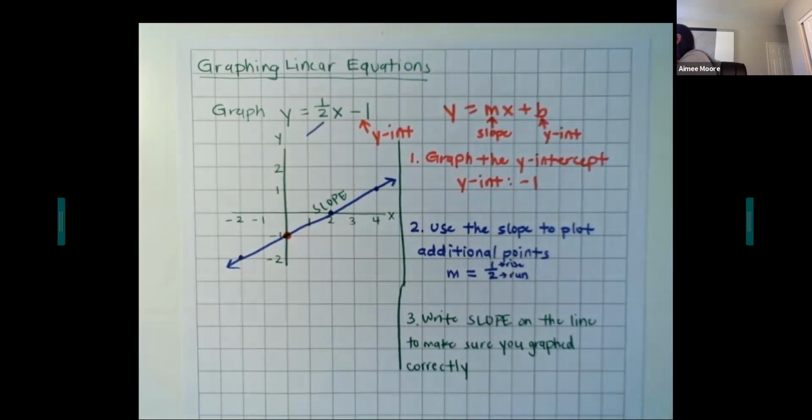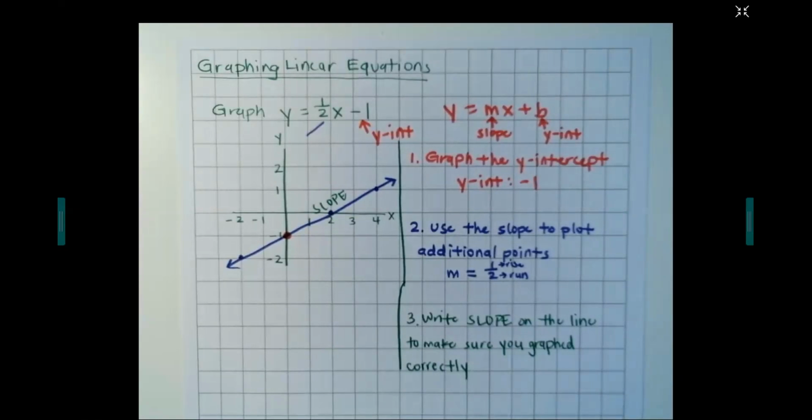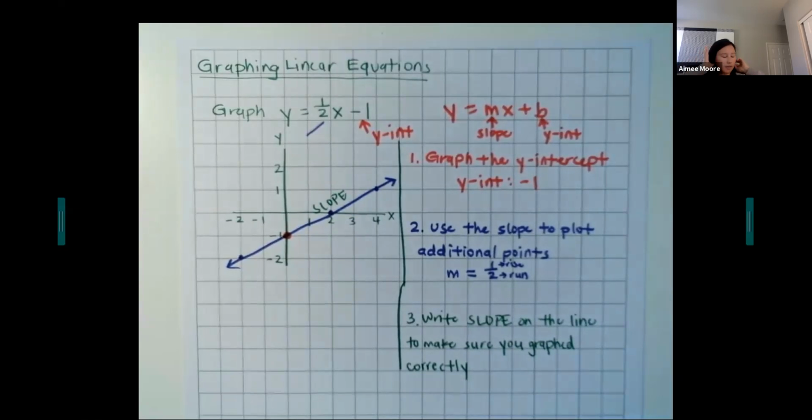And it'll make more sense once we do it. So let's go ahead. Can you give me 1 second? Yes. We'll do the graphing linear equations here in just a second.